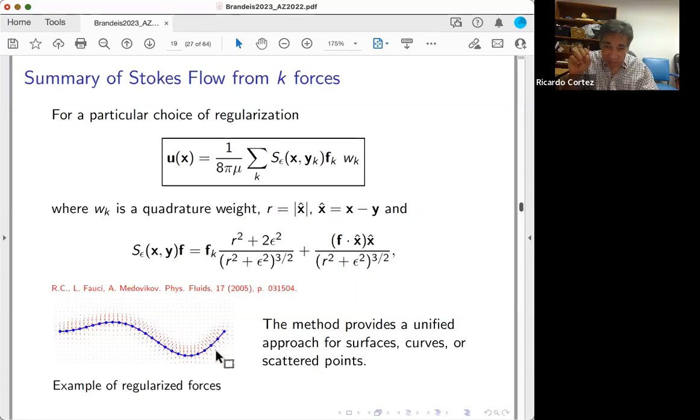So the forces are concentrated within the flagellum. And this will come up in a second. So I'll show you what the consequences of that are. But for now, this gives us a way of computing the flows due to forces, whether they come from surfaces or curves or scattered points; the same formula applies.